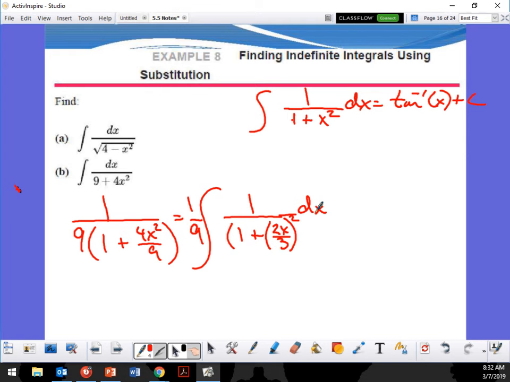Super easy. Okay, you have to be able to identify these things right away. They're like, oh hey, look at that.